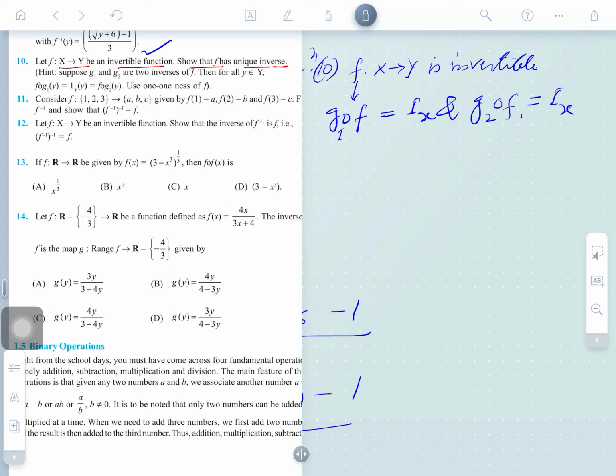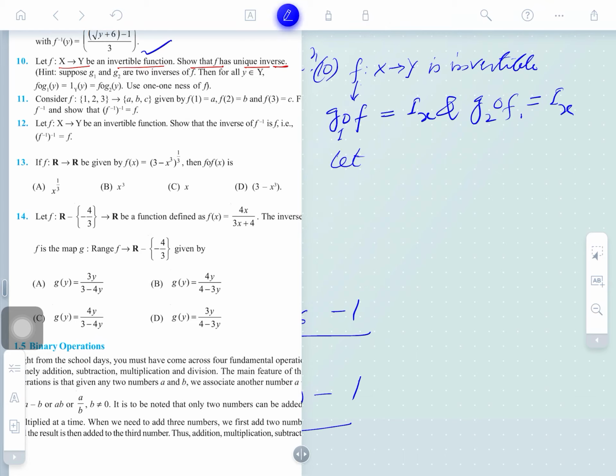So, you will write down here: let G1 and G2 be two inverse functions of f. Is that clear? Two inverse functions are there before you.